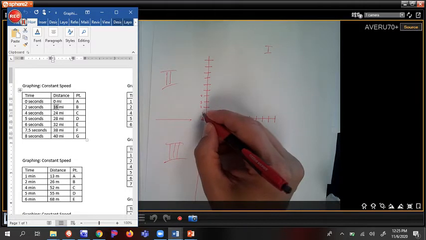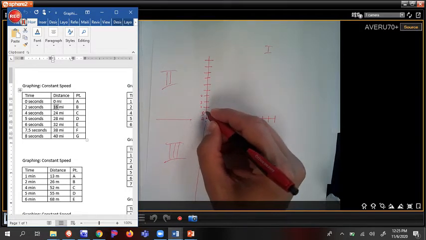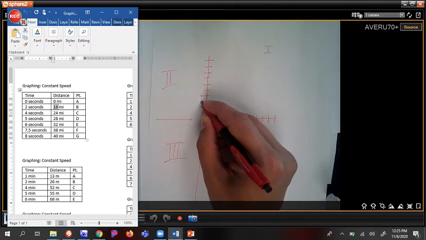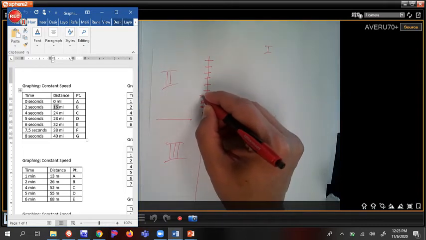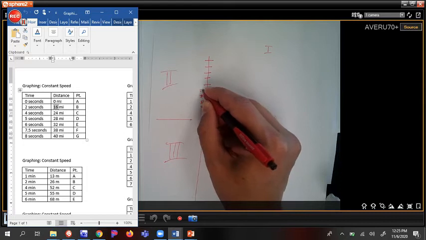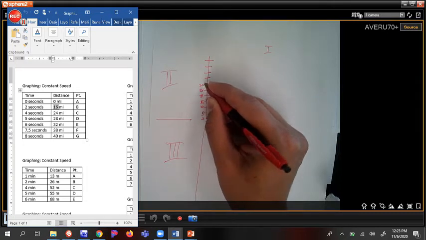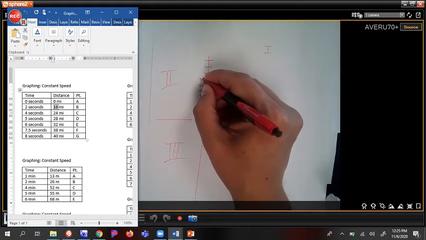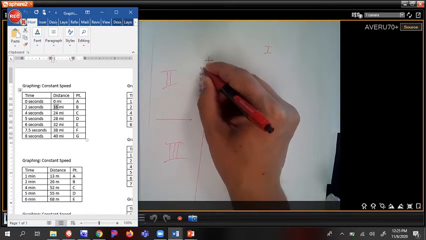Yeah. So I'm just changing the increments that is broken up into 5, 10, 15, 20, 25, 30, 35, 40, 45, 50. All right, not a big deal there. Not a big deal at all.